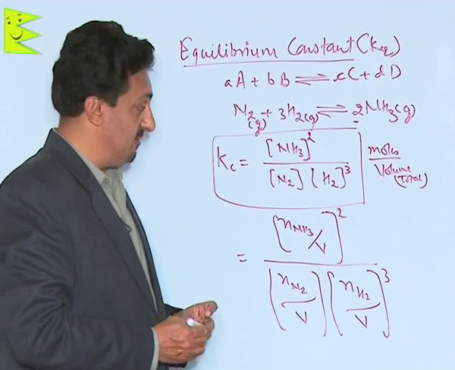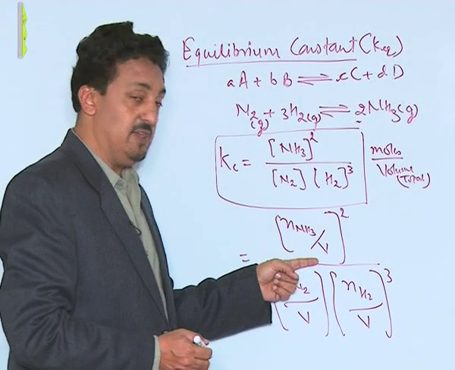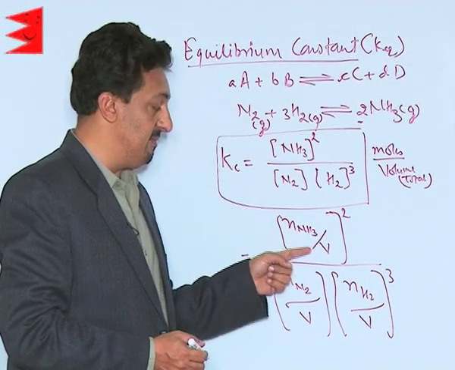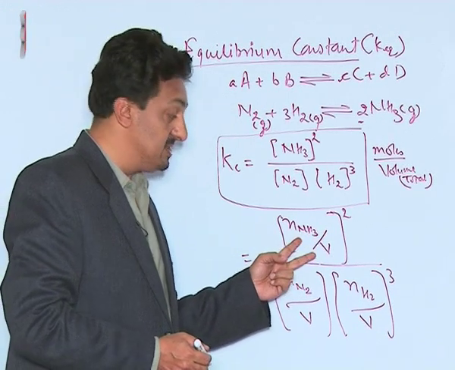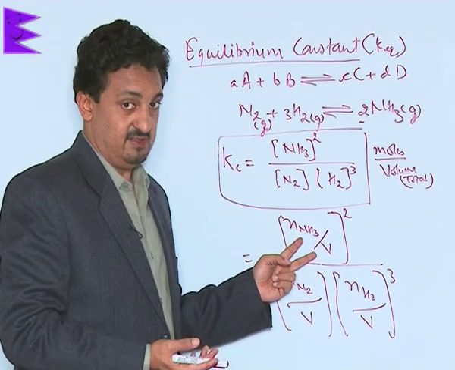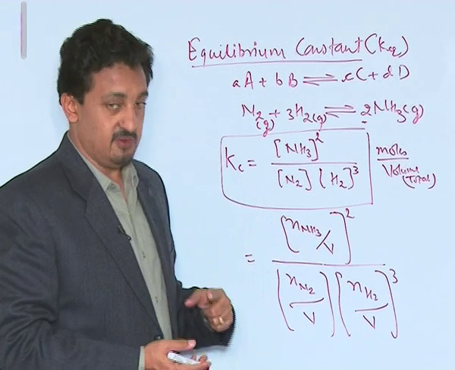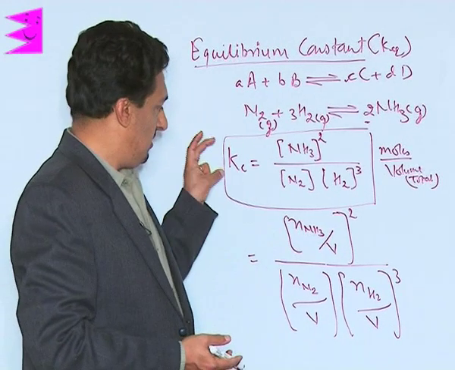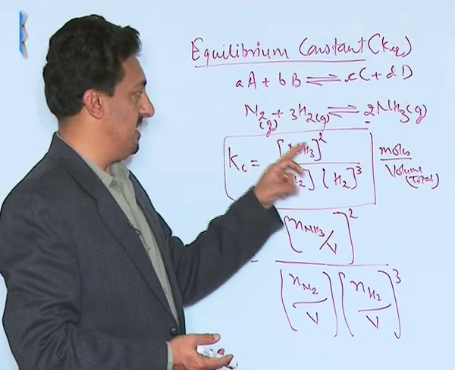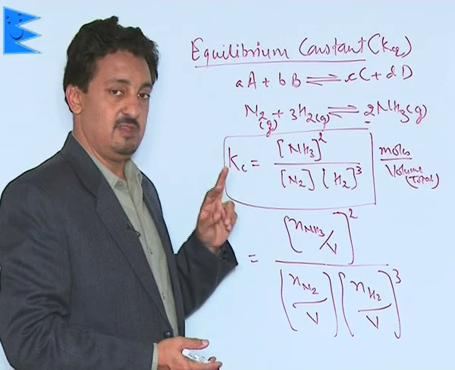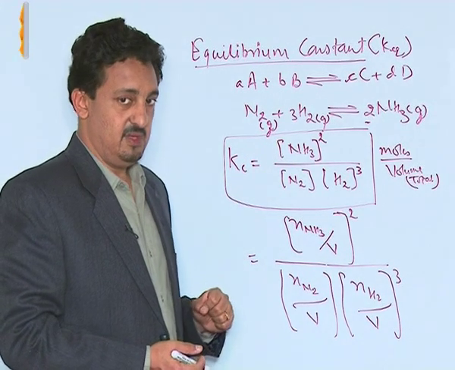Don't forget to divide the number of moles by V, because unless you divide the number of moles by V, then only it is the concentration, else it will not be a concentration. So your expression will be wrong. So it is the Kc in which we are expressing the reactants and the products in terms of concentration.